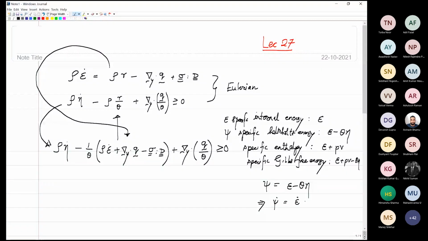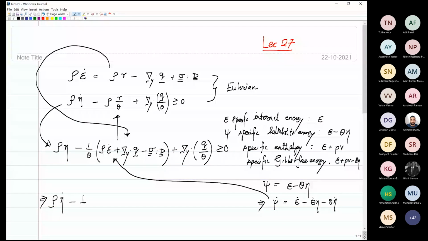We can put that in here, and then we have rho times eta dot minus 1 by theta times rho times psi dot plus rho times theta dot eta plus rho times theta eta dot plus divergence of q minus sigma double contraction d.